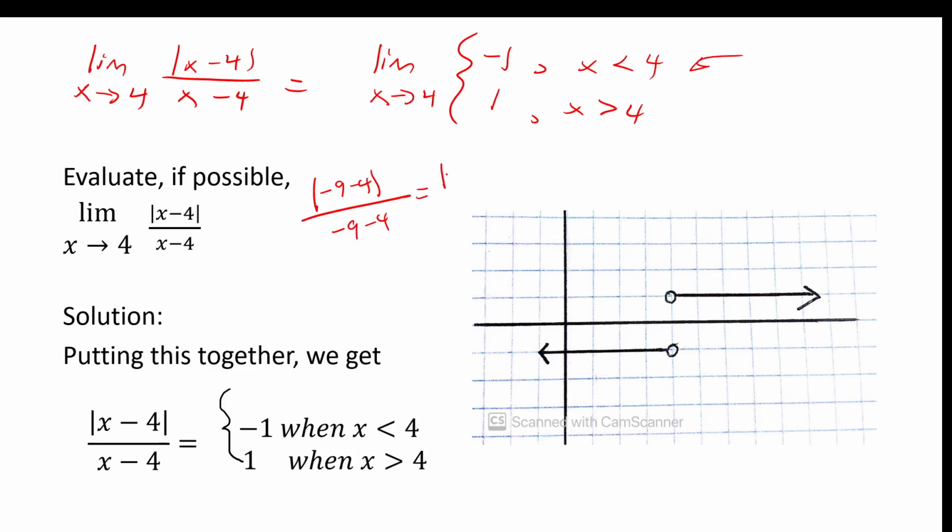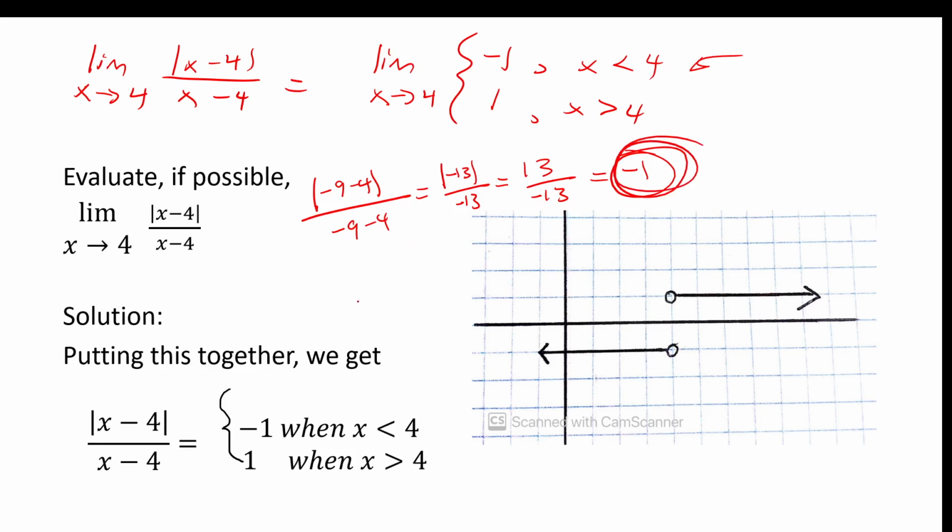Well, that'll be the absolute value of -13 over -13. The absolute value of -13 is 13. 13 over -13 is -1. In other words, we randomly chose an x value that's less than 4, and we discovered that the value of the absolute value of x minus 4 over x minus 4 is -1.